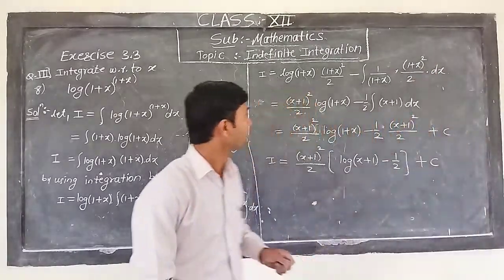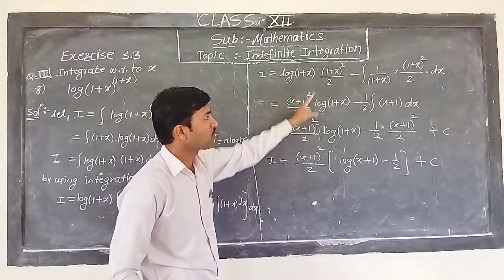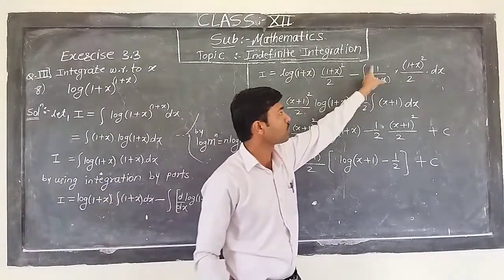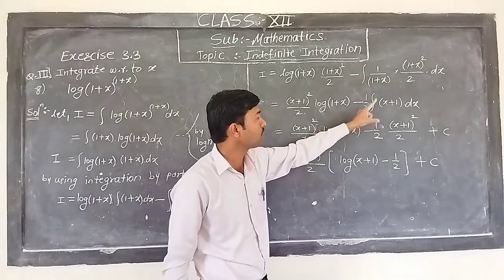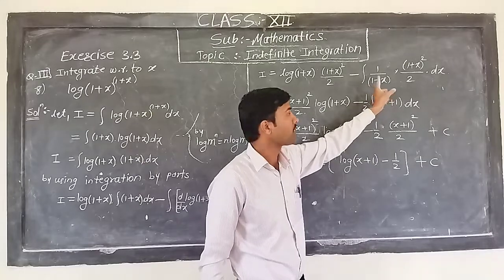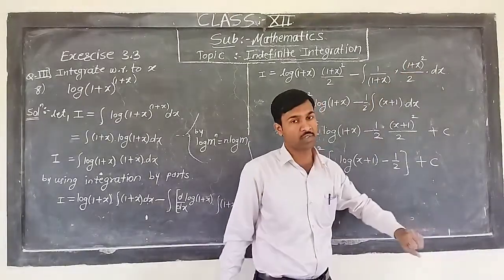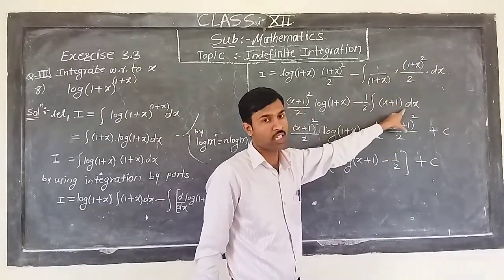Now in the next step, I write this as (x plus 1) whole square upon 2 into log of (1 plus x), minus 1 upon 2, which is a constant, so I take it outside of the integration. Here the denominator 1 plus x gets cancelled with one term of (1 plus x) whole square, so the remaining term is 1 plus x into dx.